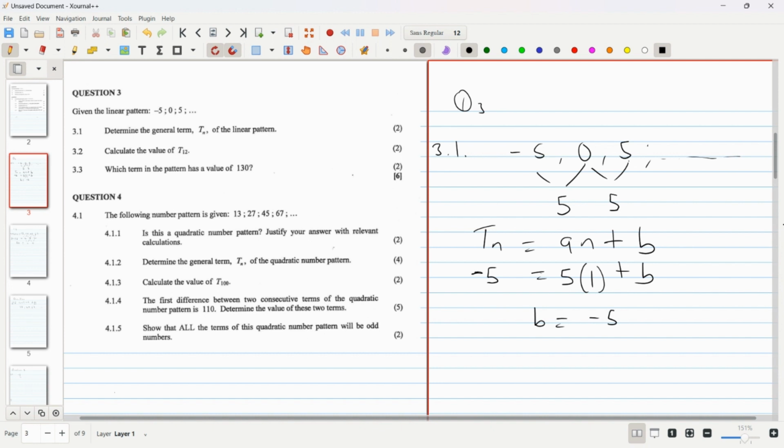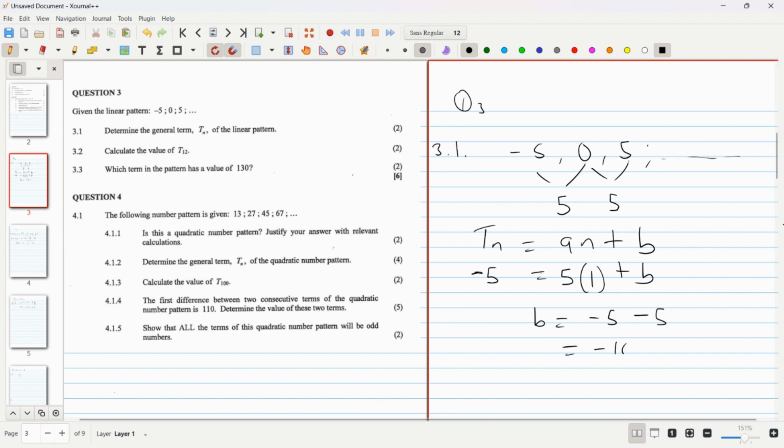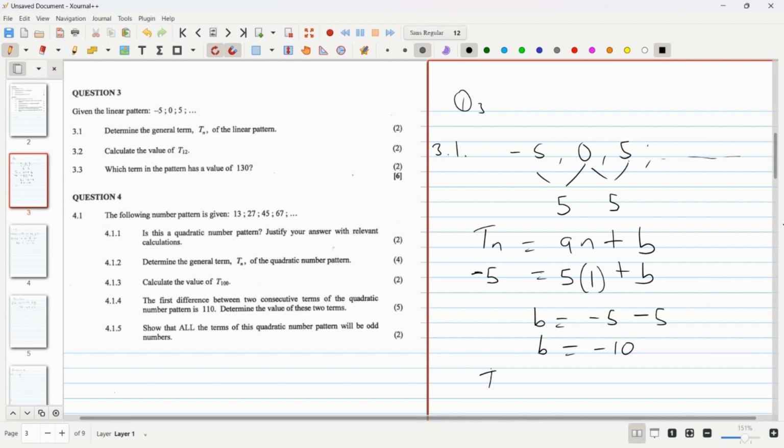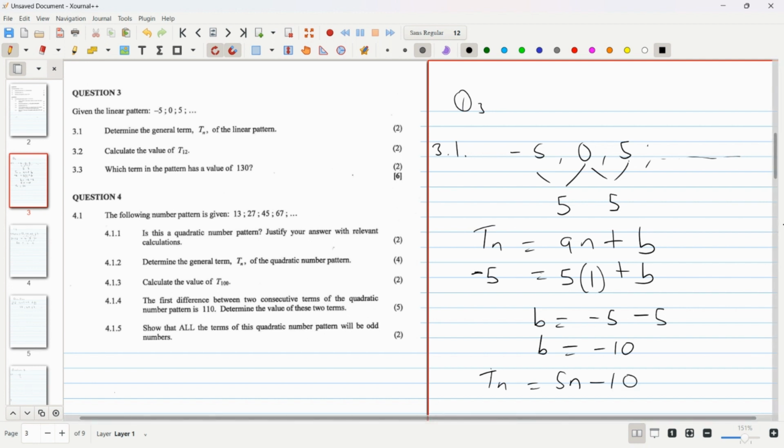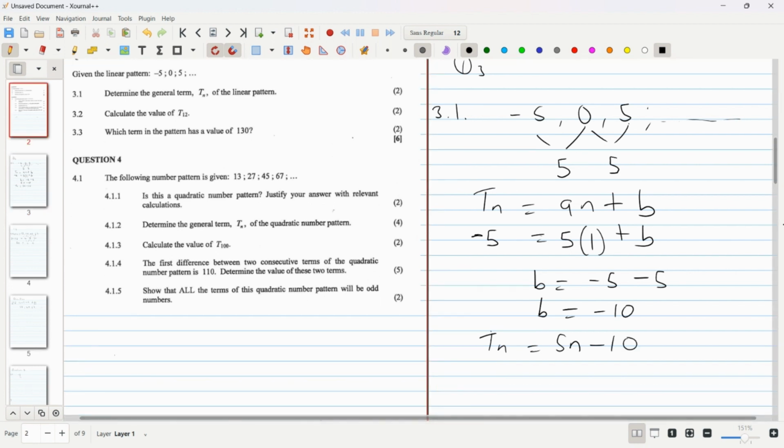Our 5 here, when it goes to the left hand side, it becomes negative, and then we have -5 and then -10. So b will equal -10. So we can write the final general formula. Our a is 5, so Tn equals 5n minus 10. So this is our general formula.